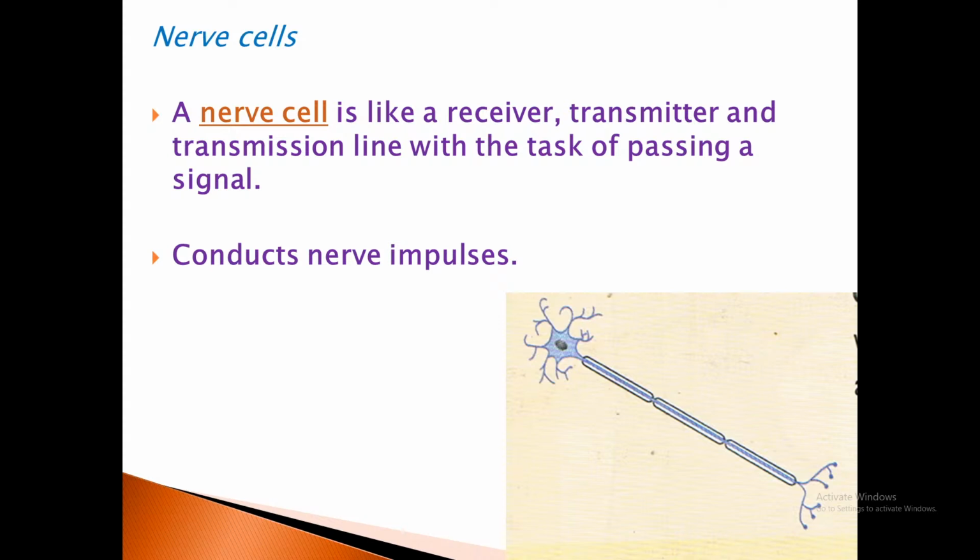So the first special cell that we have is your nerve cells. The first pointer: a nerve cell is like a receiver, transmitter, transmission line with the task of passing a signal. All of that is talking about communication, meaning that the brain is communicating with the different body parts, sending out instruction as to how fast or how the different body parts must move.